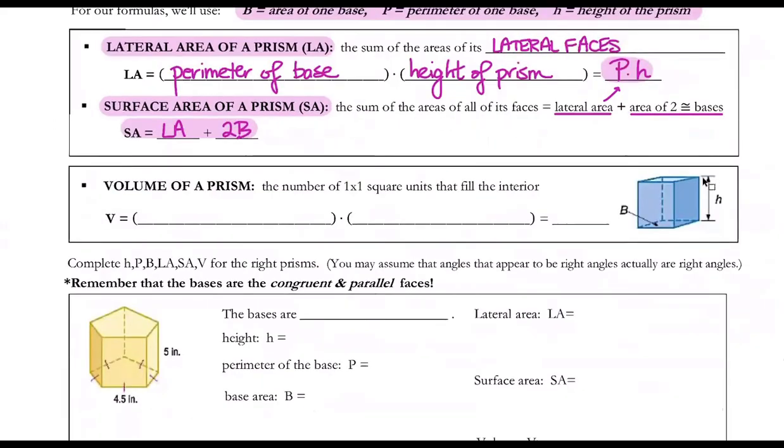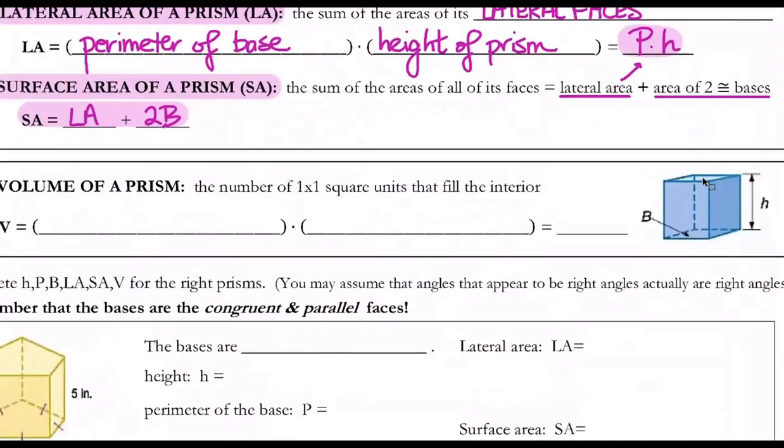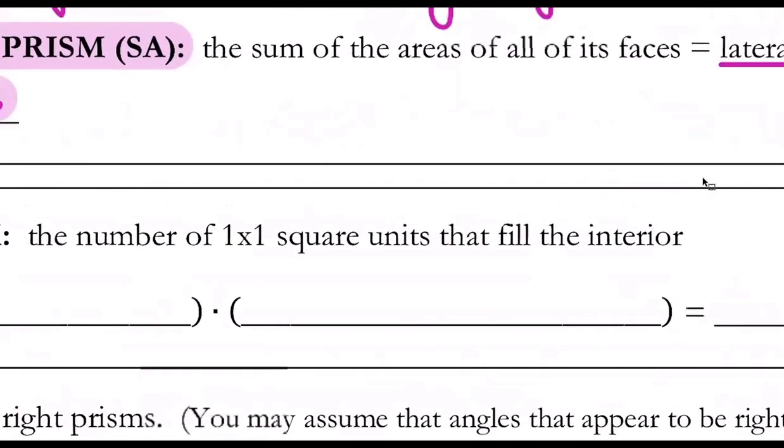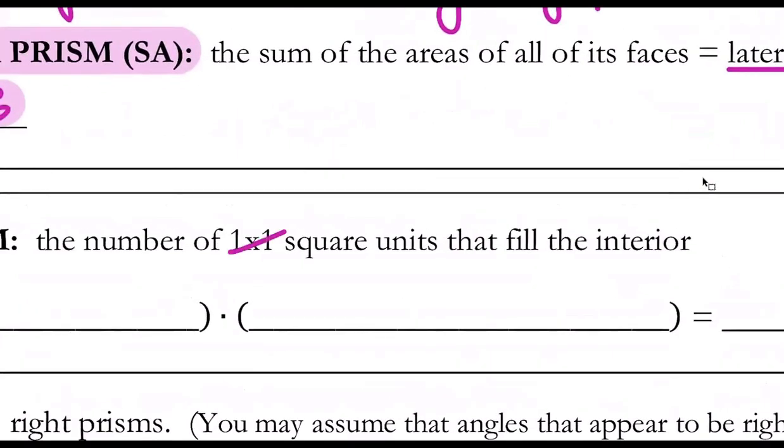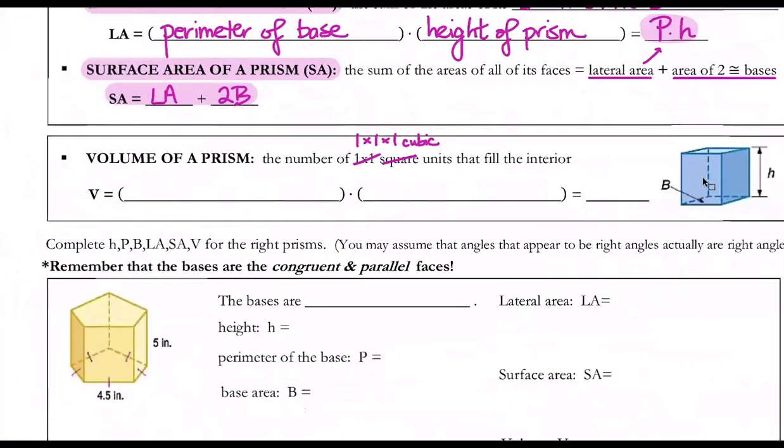Okay, volume of a prism, we're just filling up the inside of the shape. This should say the number of 1 by 1 by 1 cubic units that fill up the interior, this mistake here. So little tiny cubes. If you think about little sugar cubes, how many of those it would take to fill up the interior of the prism.